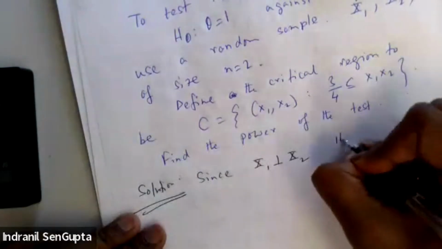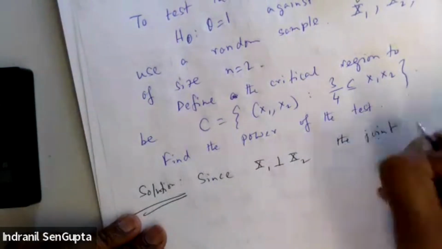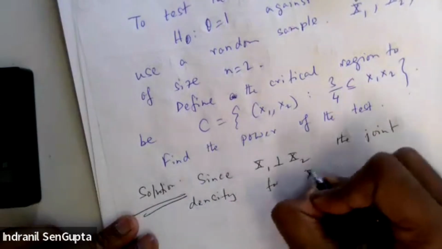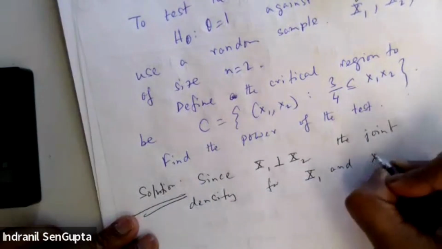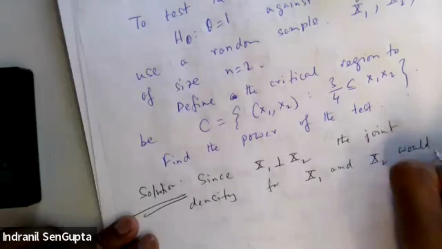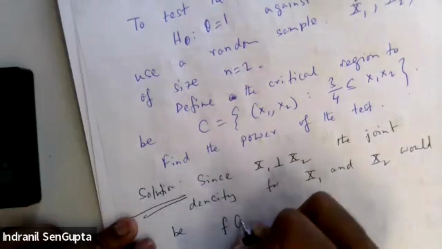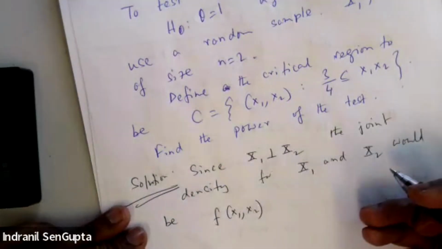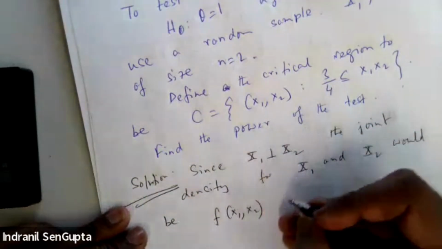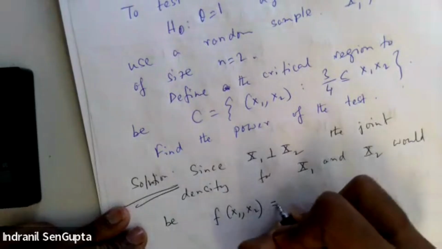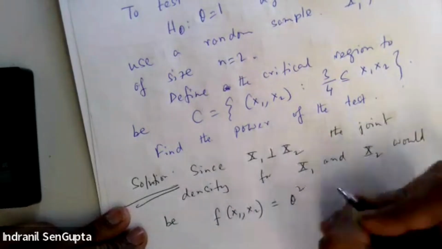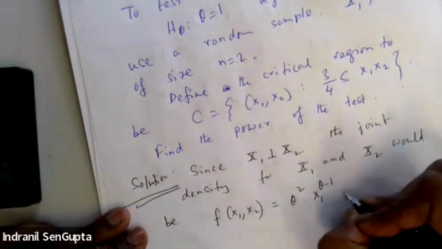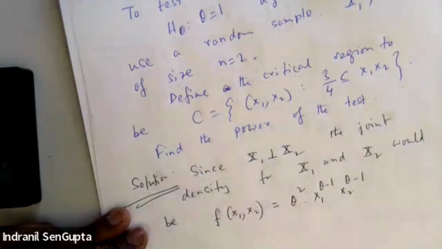the joint density for x1 and x2 would be, I can write this as f of x1, x2, simply the product of these two, right? So this is basically theta squared, x1 to the theta minus 1, x2 to the theta minus 1.